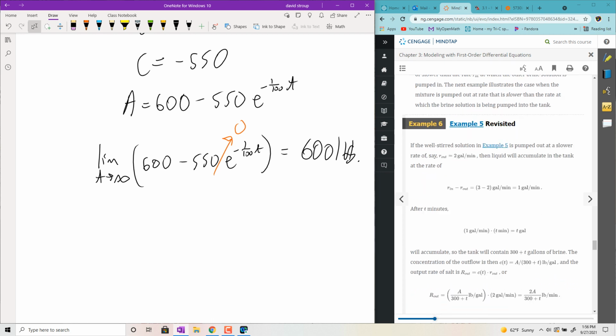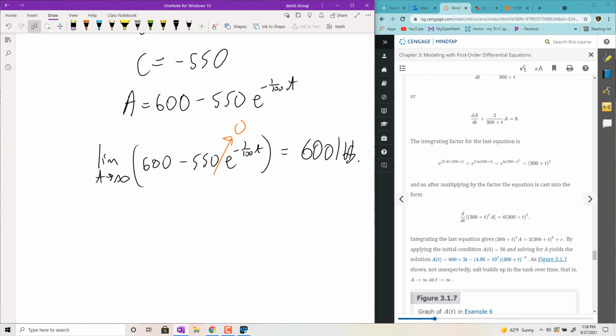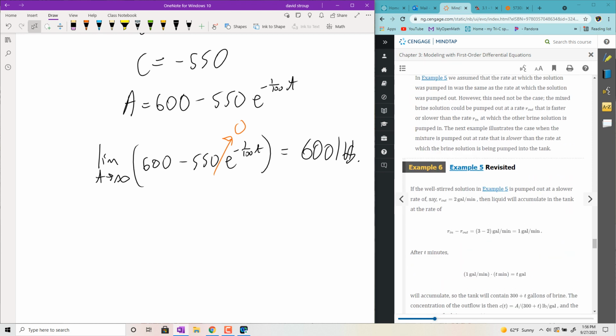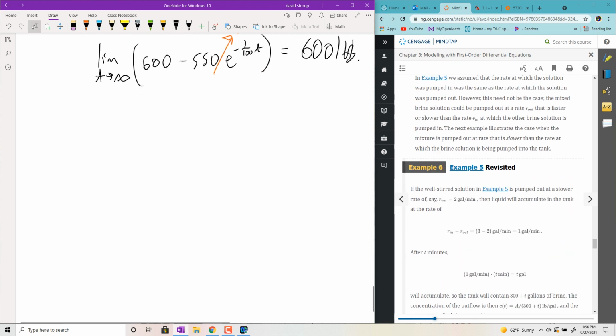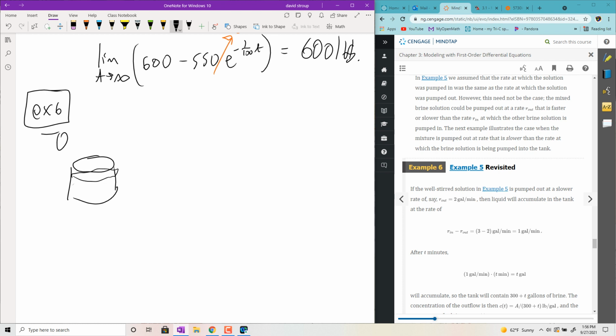Yeah, another example, example 6. This one looks a bit more annoying. So let's look at example 6. A well-stirred solution, as in example 5, is pumped out of the tank at a slower rate. So we're changing this up a little bit. We're keeping some stuff the same, but other stuff is different.